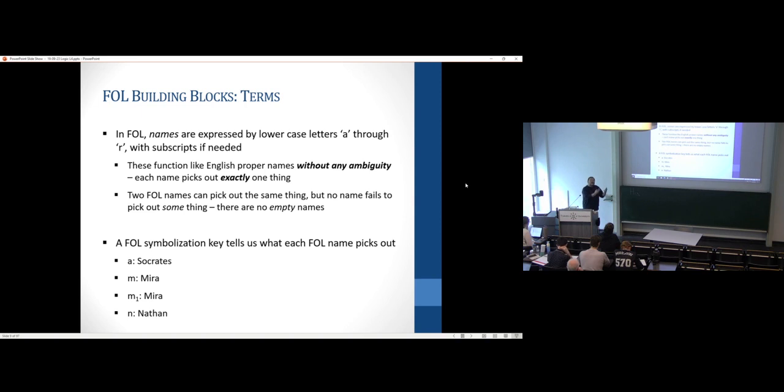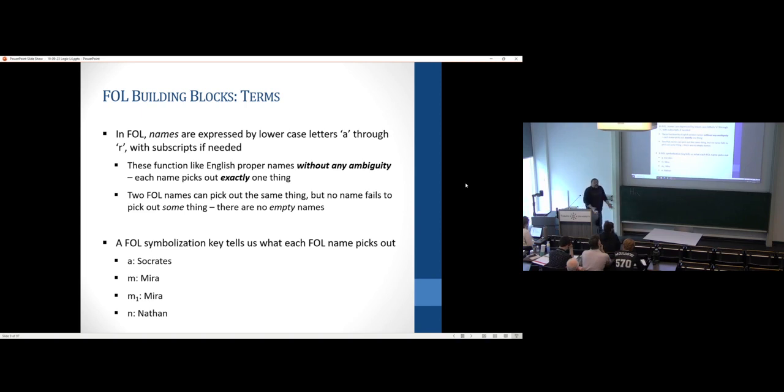Now, notably, we might not know what object it is, but that has to do more with us. This isn't about the epistemology. This is about the semantic content. The name is guaranteed to pick something out. We might not know exactly what it is, but we know it picks something out. And we don't have to worry about it applying to two different things.